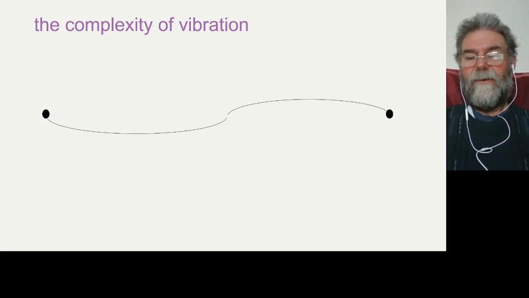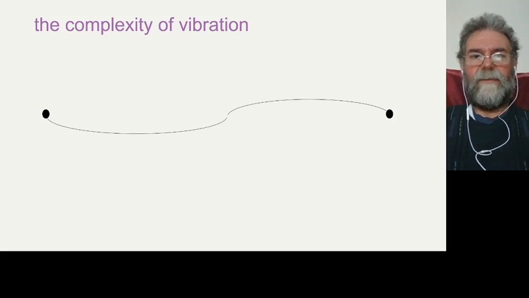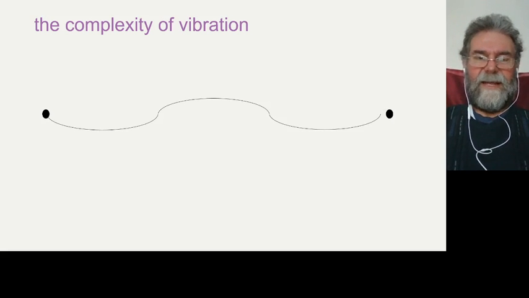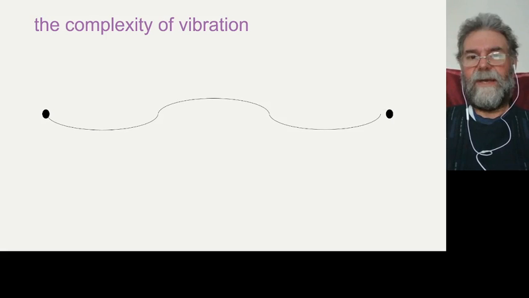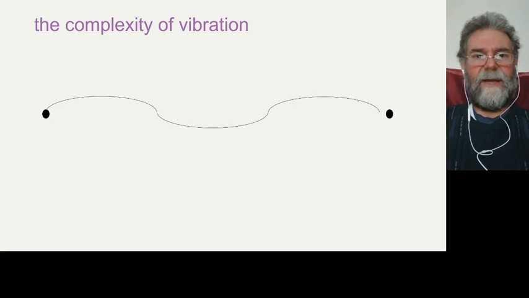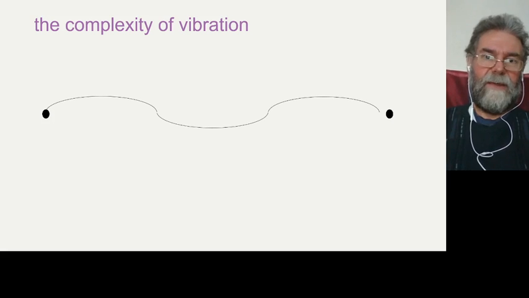And that's not all either, because not only will the string vibrate along its half length, but it will also vibrate along a third of its length, so that the first part will go one way, the middle part will go the opposite way, and the last third will go in the other way, and they'll be vibrating at the same time as it's vibrating along its half length and along its whole length.